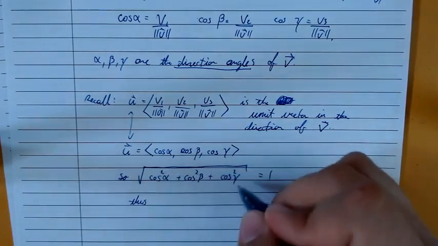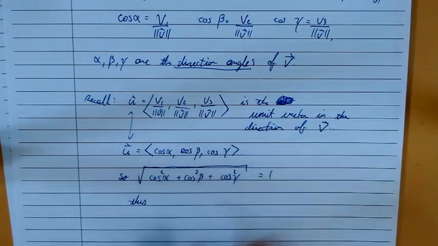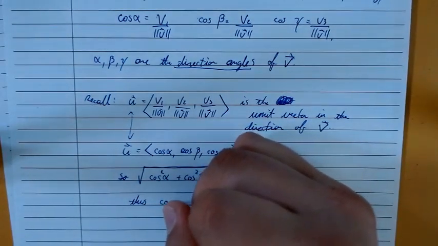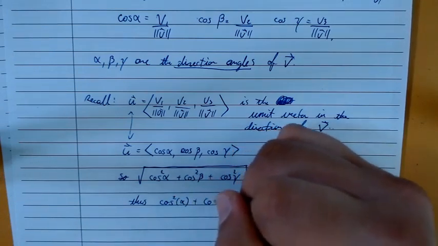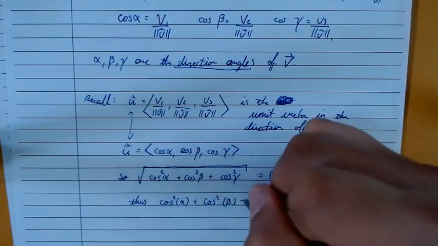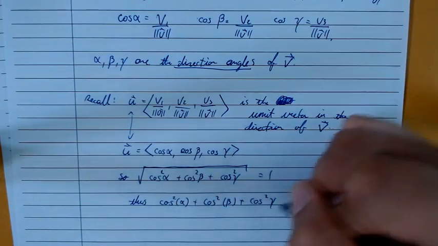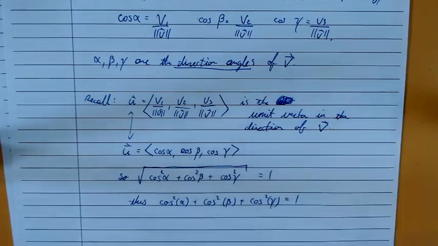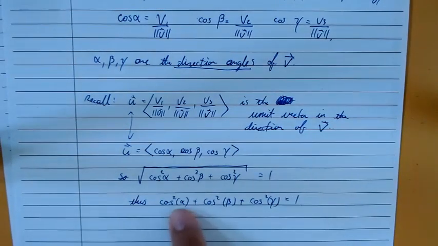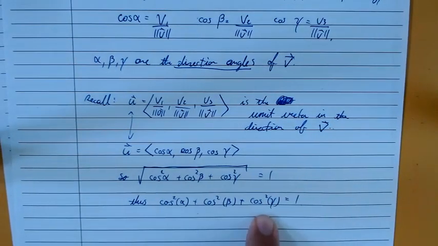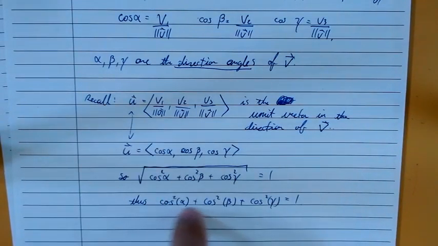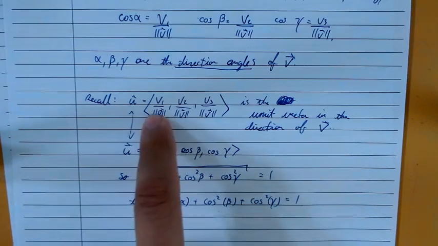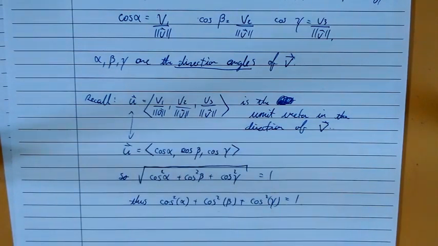Square of 1 is still 1. And here, since these are all positive, I just get rid of my square root. So you get that the cosine squared of alpha plus the cosine squared of beta plus the cosine squared of gamma must equal 1. So here's a relationship between all three of the direction angles of v, and it comes directly from the fact that these are the components of the unit vector in the direction of v.